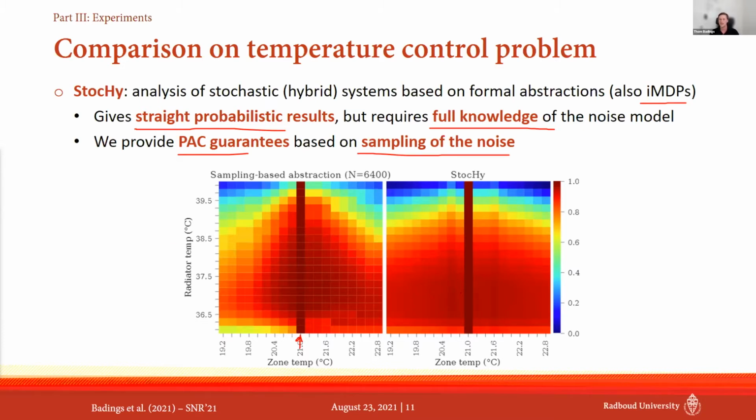And it is indeed the case that overall Stochastic may be able to obtain somewhat stronger probabilistic reachability guarantees. But on the other hand, it requires the full knowledge of the noise model. So essentially, this tells us that even though we do not have this explicit representation of the process noise, we can still do quite well in terms of guaranteeing reachability.